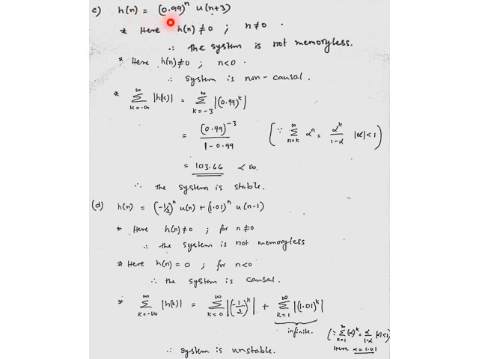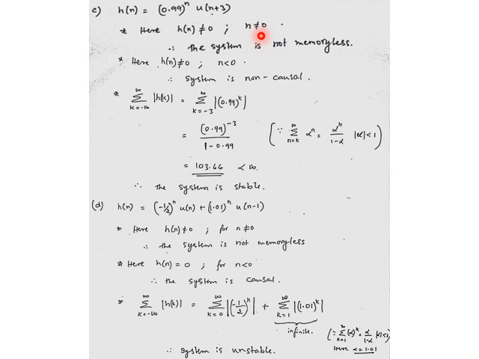h of n is equal to 0.99 to the power n into u of n plus 3. If you try to plot this signal, it exists from minus 3 to infinity. So we will have a value for h of n from minus 3 to infinity. That means, not t here, it is n.